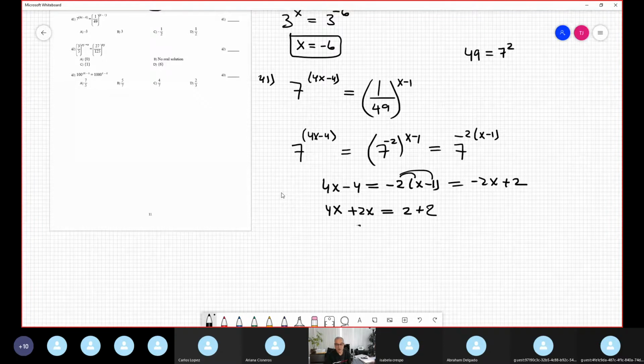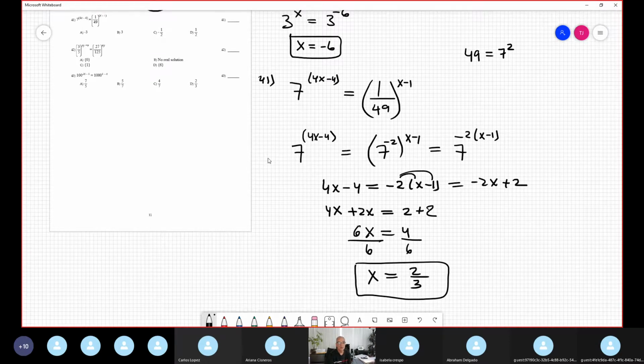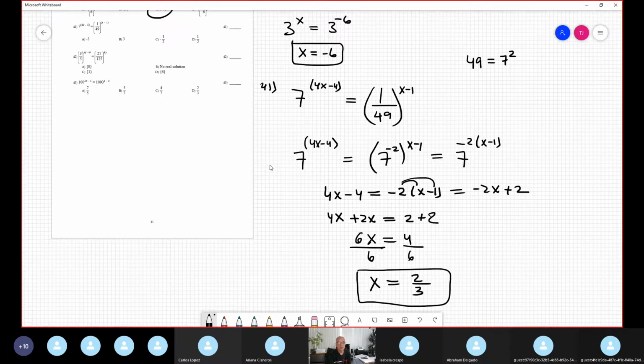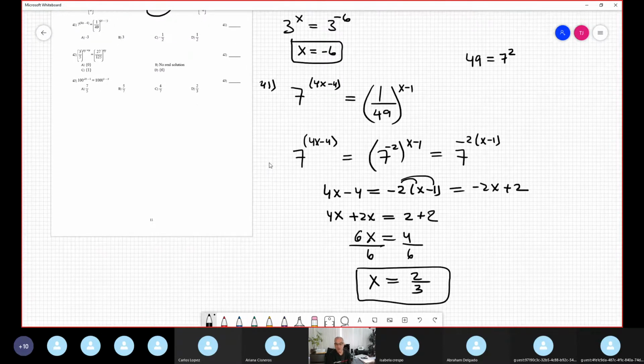And this is 6. And this is 4 divided by 6, which is 2/3. Let me see if 2/3 exists in the solutions. No, I made a mistake. Wow. Okay. Let me check again from the beginning.